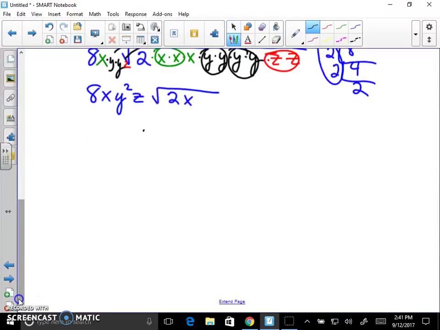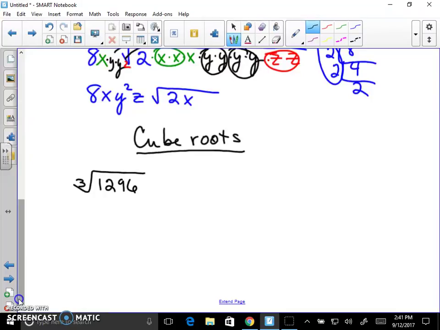Okay, now we're going to look at cube roots. So we're going to do the cube root of 1296. So you're going to do it the same way. Divide by 2 gives you 648.